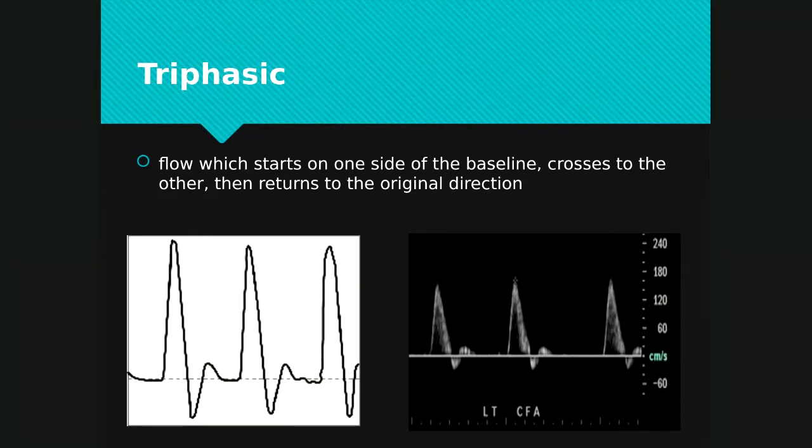So this is a continuous wave analog display, and on the right, this is a spectral display created by pulse wave Doppler. Okay, so these are the two types of Doppler, and we can tell what they are just by looking at the display. So the one on the right that's created by pulse wave uses FFT. The one on the left uses a zero crossing detector.